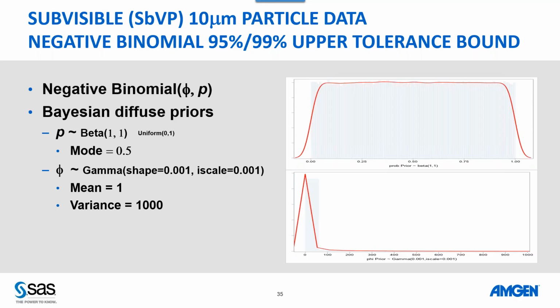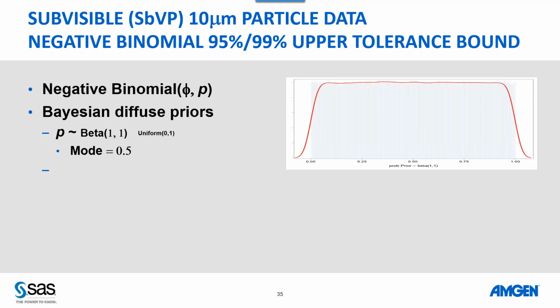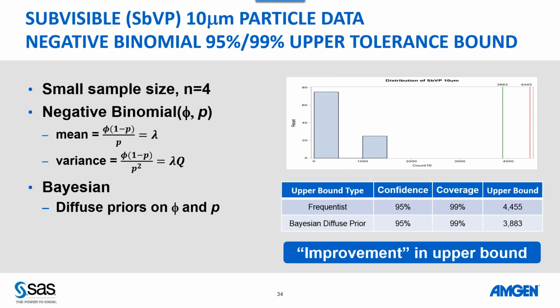It might get tricky to say how. If Jose can go back one more slide. The value of 3883 changes.